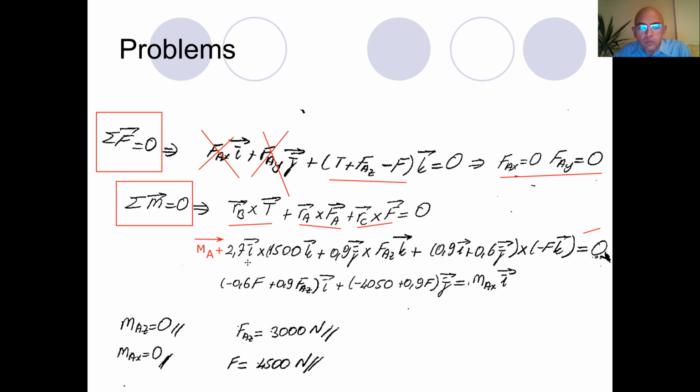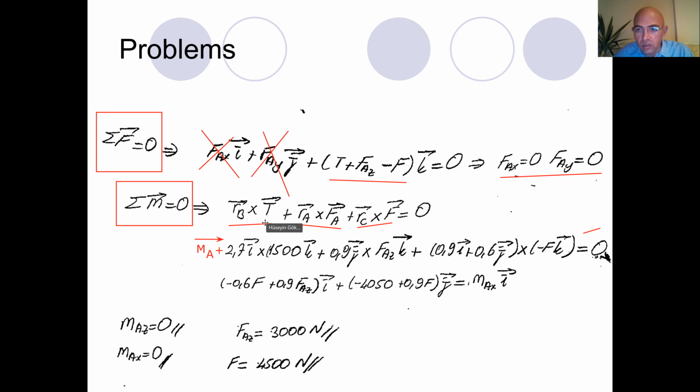And so it is MA, the reaction moment at A, plus 2.7 i vector multiplied with the force 1500 k vector, because the tension in the cable can be at maximum 1500 newtons. So therefore I can substitute 1500 there without any restrictions.